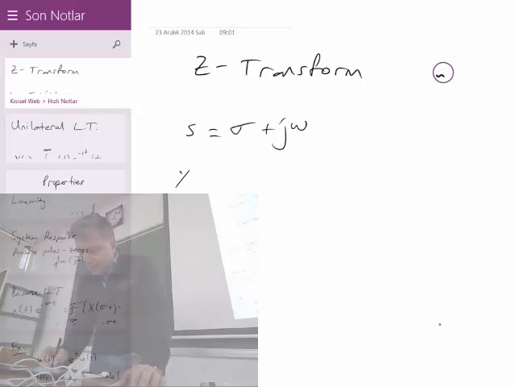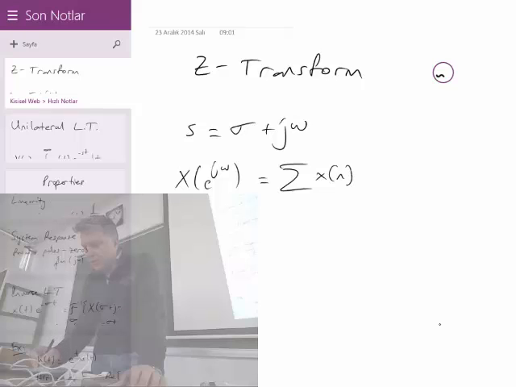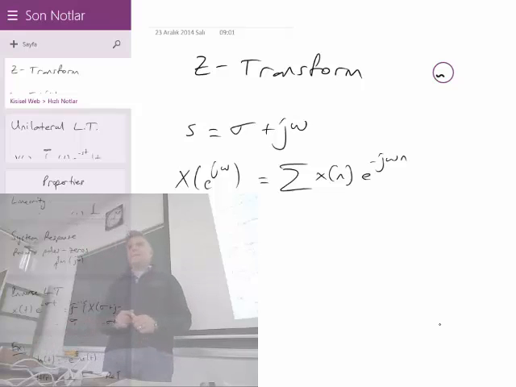It was capital X of e to the j omega. You remember that? Because that was the notation. And it was equal to a summation over all x of n multiplied by e to the minus j omega n.